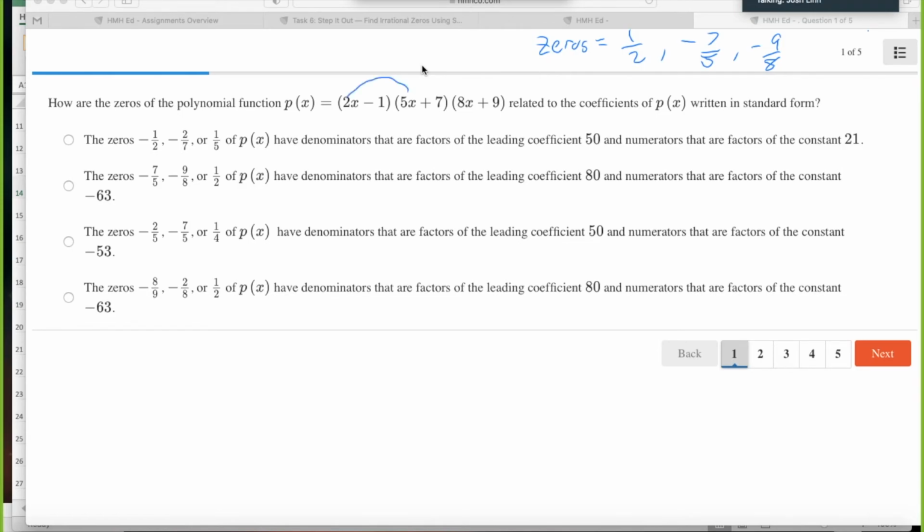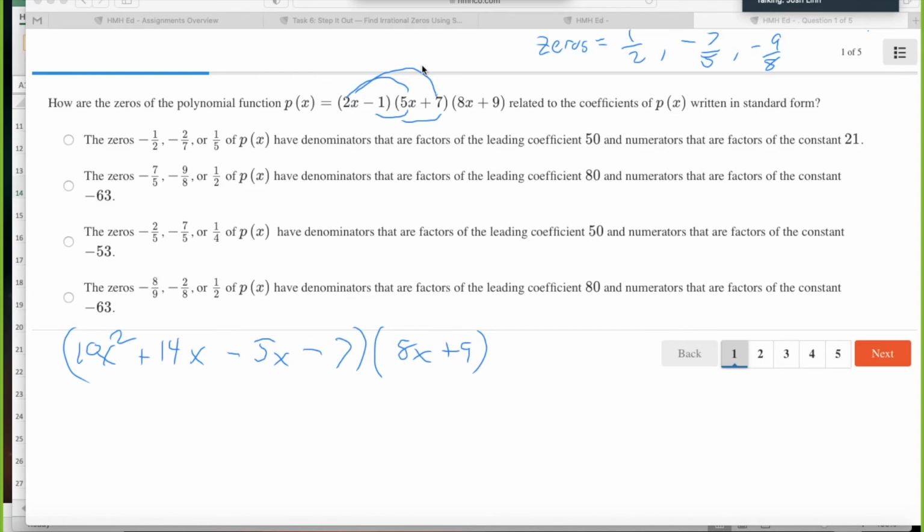So 2x times 5x, 2x times 7, negative 1 times that, and so on and so forth. 2x times 5x is 10x squared plus 14x minus 5x minus 7, times 8x plus 9.